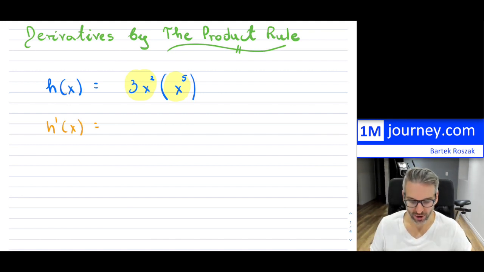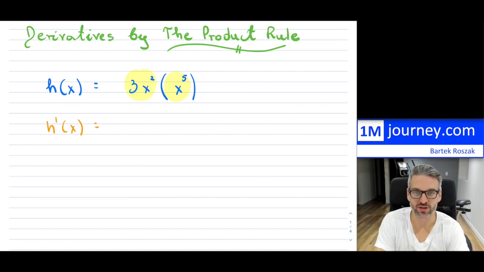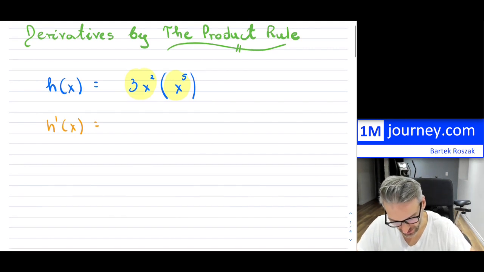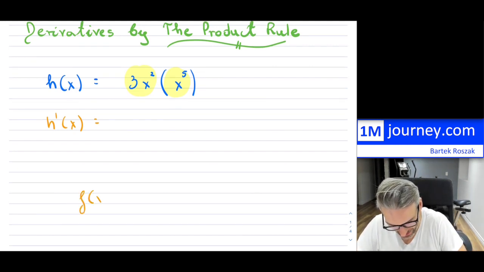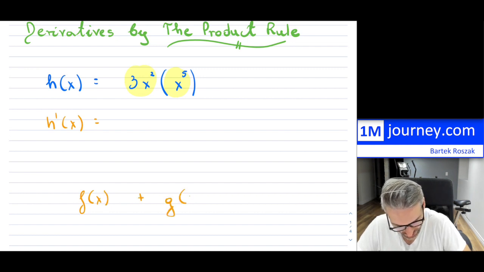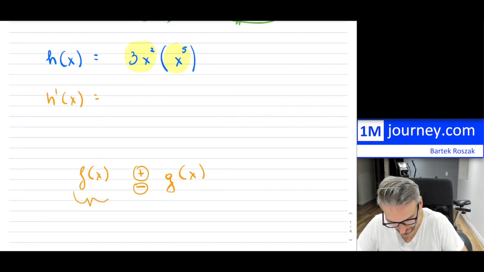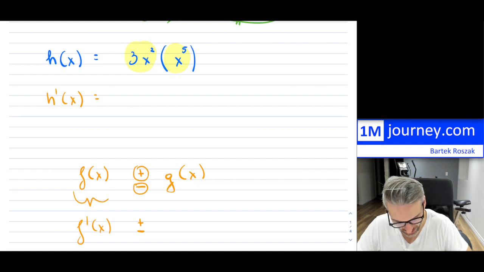Now, if you recall, when you were studying the summation of two functions or the difference of two functions, I can point the link up above there, you found that if we had two functions, let's say f(x) added to another function g(x), and you wanted to take the derivative, or if there's a difference, meaning a subtraction, all you did was take the derivative of the first function, and then add or subtract, depending on whether it's a sum or a difference, the derivative of the second function.